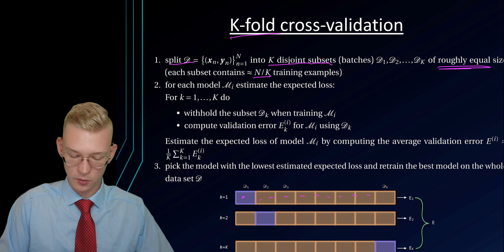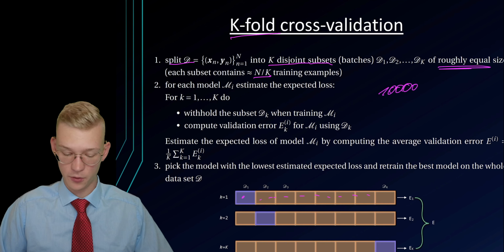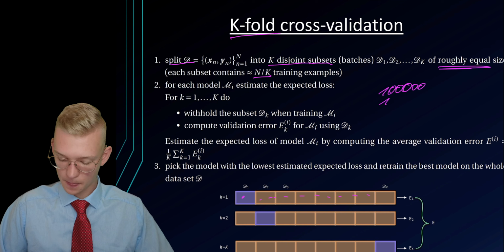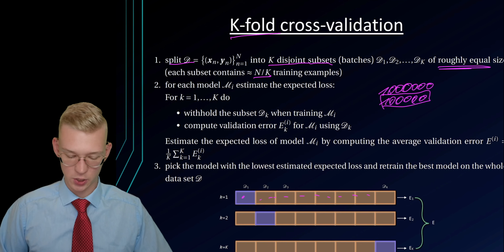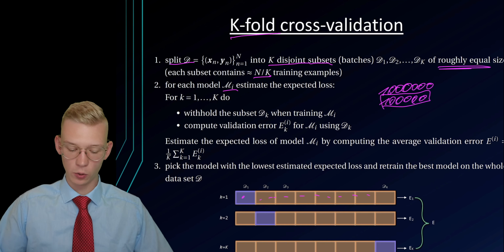So if we have, for example, 1,000,000 data points and we just use 10 of those sections, we will have 100,000 for each section. Then we select one model and we do the whole process.